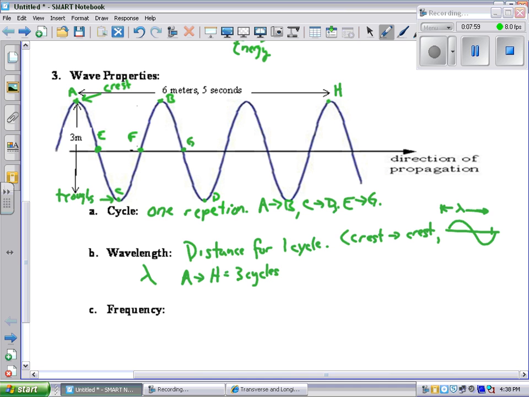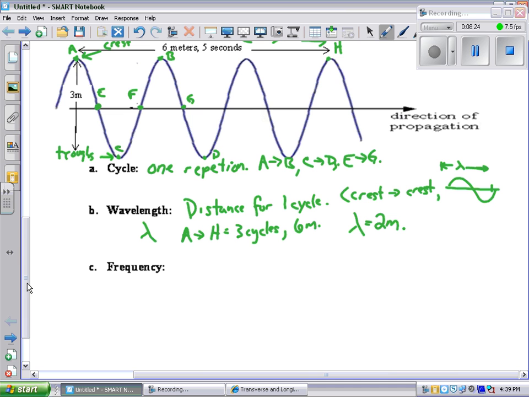So I have 3 cycles, and I know that's 6 meters. I could even label my wavelength would be like from crest to crest, so that distance there would be the wavelength. Well, if this whole thing is 6 meters and there's 3 cycles in there, each cycle has to be 2 meters. So the wavelength is going to be 2 meters for that example.